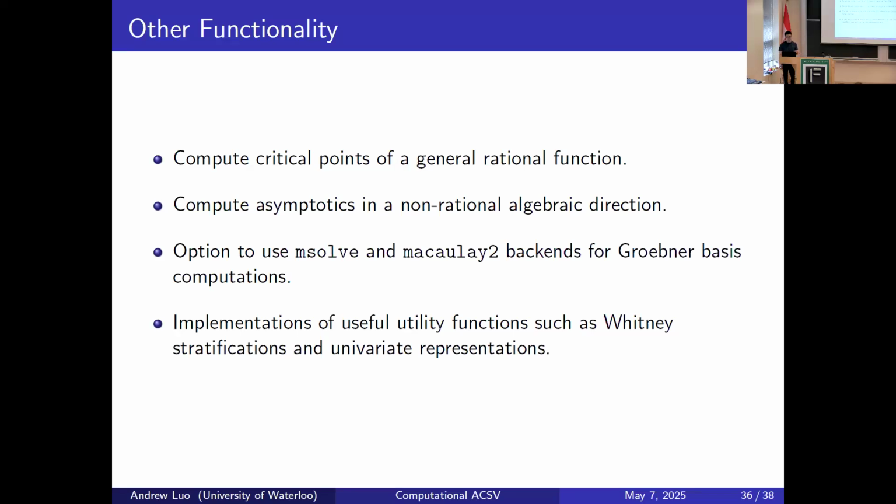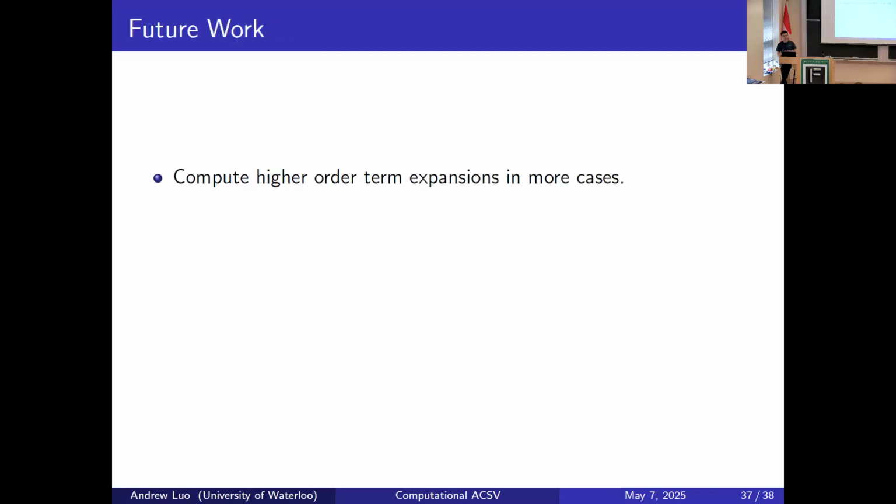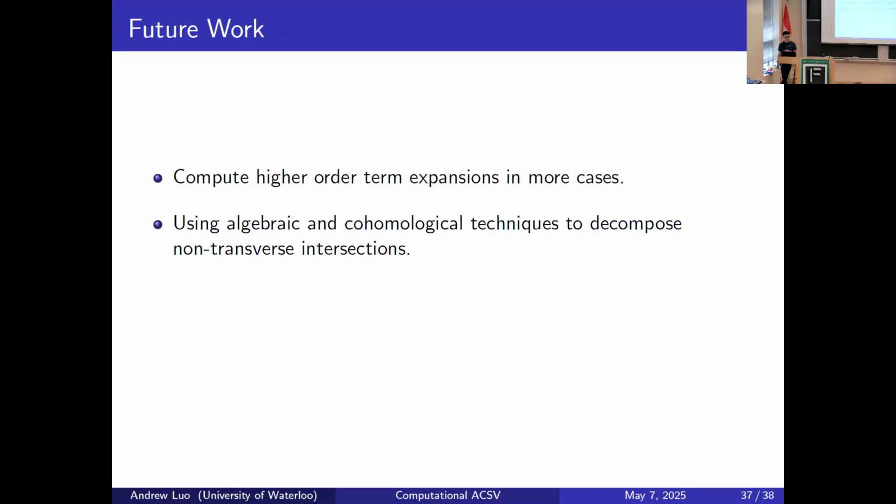And then in terms of future work, it's mostly just increasing the robustness of the program, so being able to handle more cases. So one thing is we can do decompositions of arrangement points. These are factorizations that aren't necessarily transverse. We can decompose them into transverse intersections and then compute asymptotics of each of them separately.